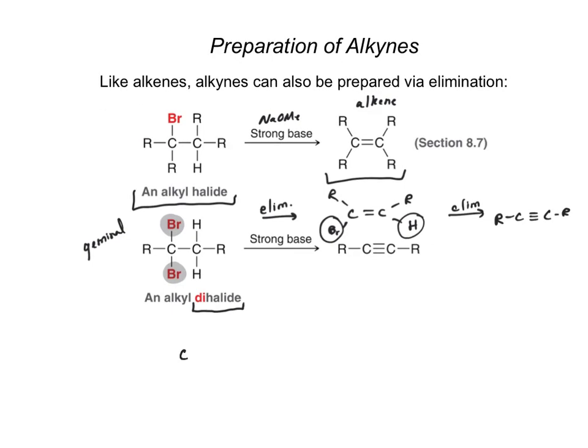A vicinal dihalide has the leaving group, or the bromine, on both of the carbons. So geminal gives us bromines on the same exact carbon. We can again do a double elimination here to get the alkyne. We could also start with a vicinal dihalide, where the bromines are on opposite carbons, right? This can also lead us to our alkyne.